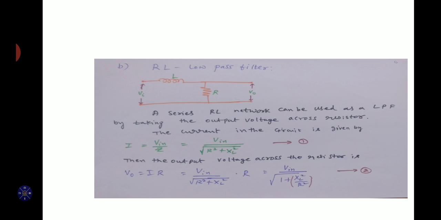So V0 equals I into R, where I is the current flowing through the circuit, through the inductor and resistor, L and R. From equation 1, substitute the value of I. Then by simplifying, you get equation 2.